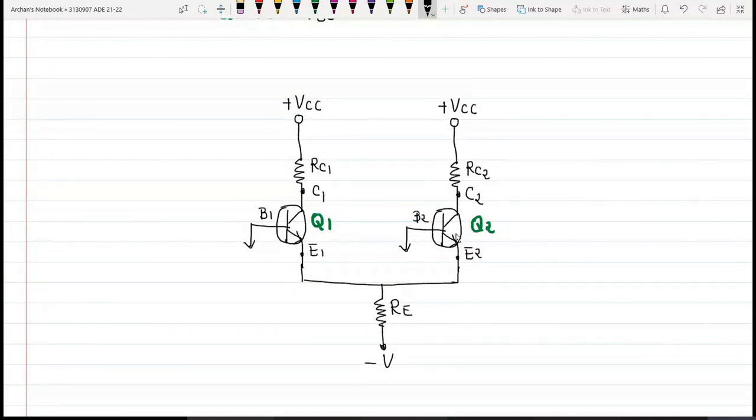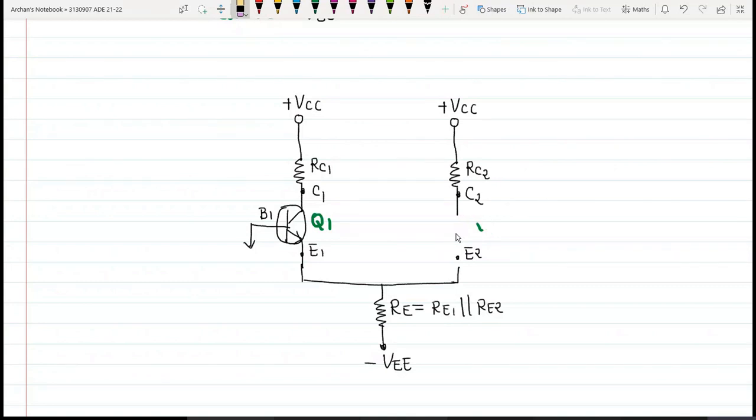And the magnitude of minus VEE is already the same. So this Re is nothing but RE1 parallel to RE2. Now these emitter connections are there. For simplicity, I am changing the position of transistor 2.